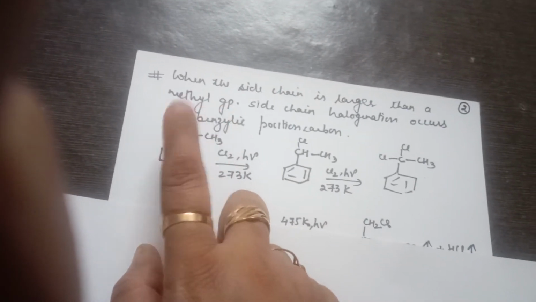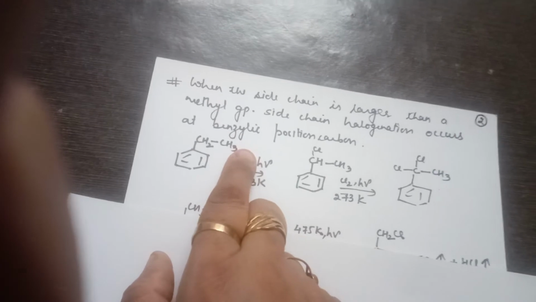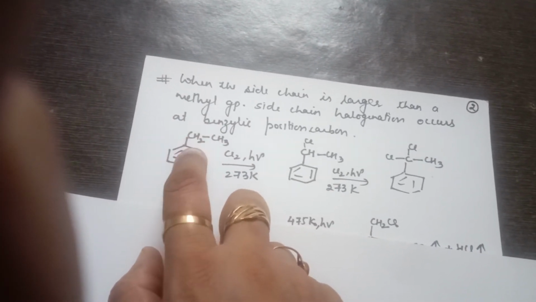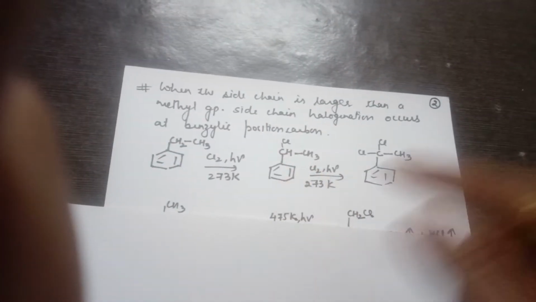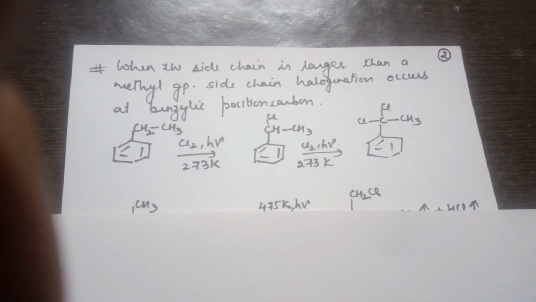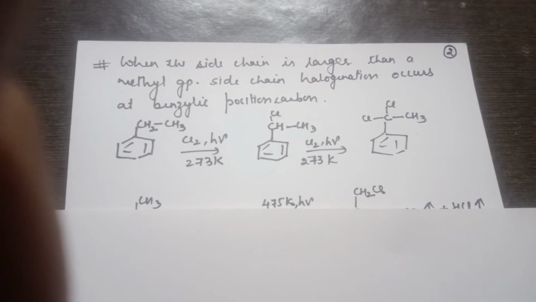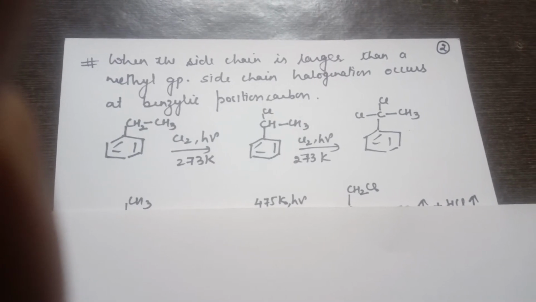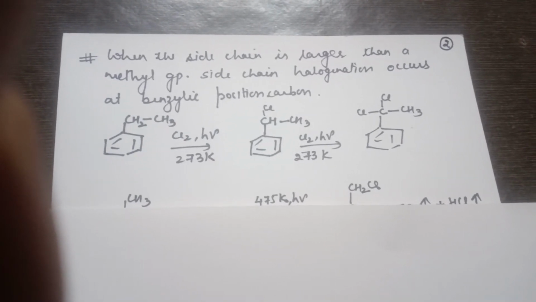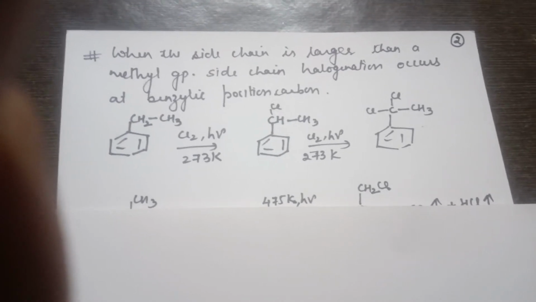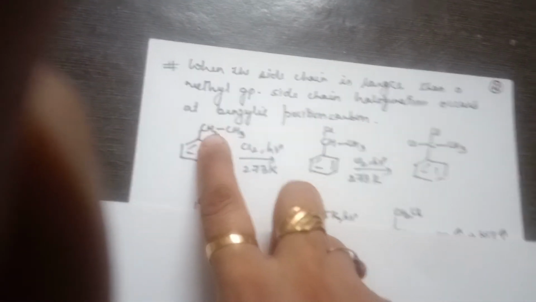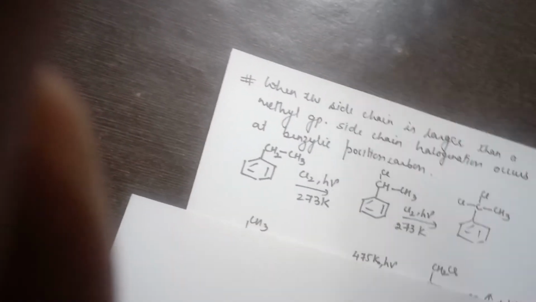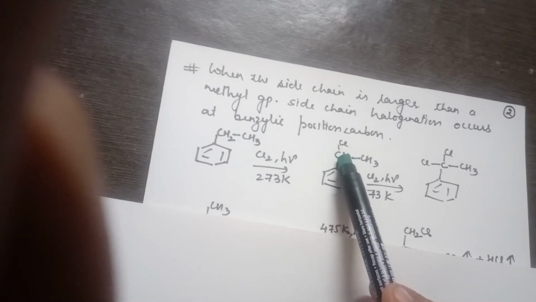The halogenation, in your mind, can take place from CH3 also and CH2 also, but keep this in mind that when side chain halogenation takes place in compounds like these, where a side chain is connected to the benzene ring, the substitution will always take place at the benzylic position. That means the benzylic carbon, which is the CH2 carbon. The substitution will take place at this benzylic carbon.